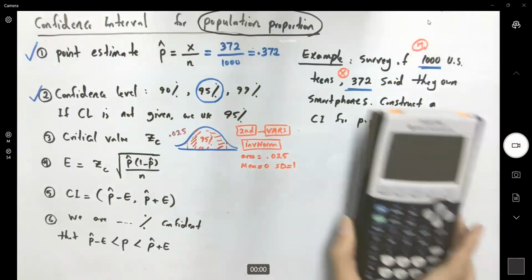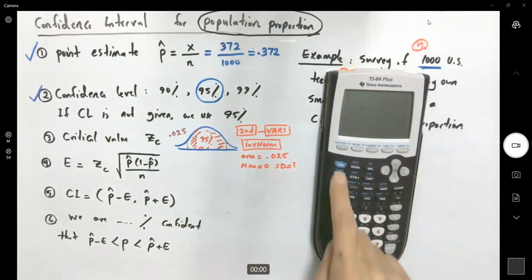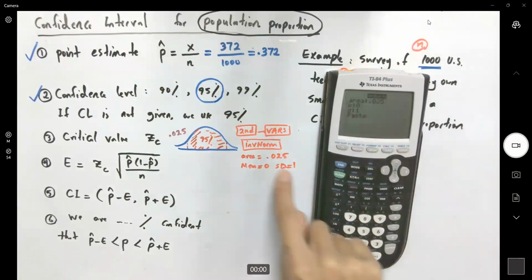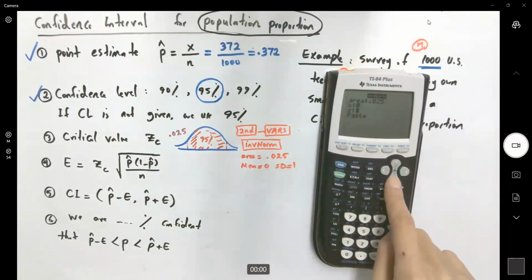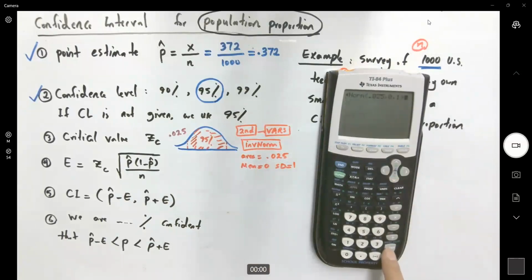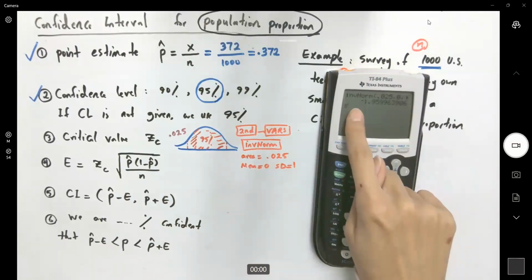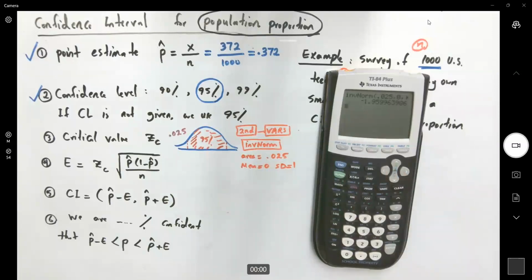So let us take a look at this. This is my calculator. Let me turn on the calculator. Well, second vars, inverse norm, the area is 0.025. The mean is 0 and the standard deviation is just 1. So let us enter, and as you can see on the left-hand side, we have negative 1.96.